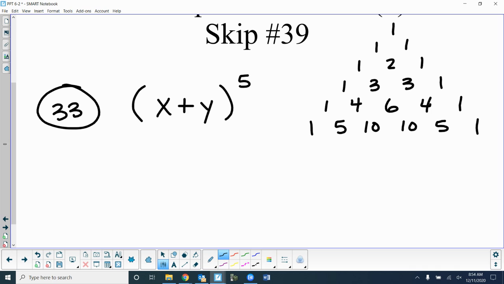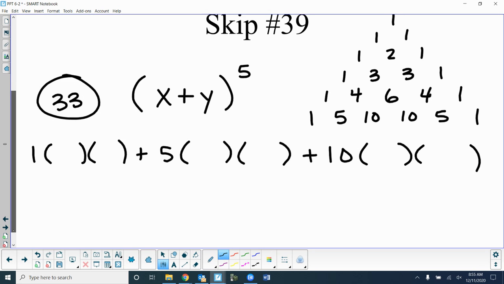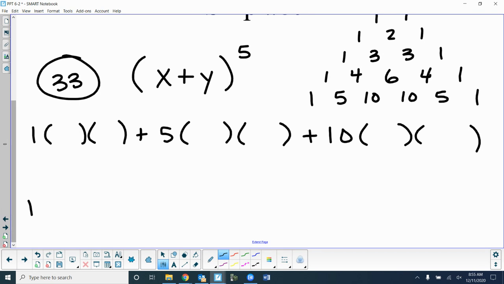Okay? So, I'm going to make a 1 with 2 parentheses, a plus a 5, with 2 parentheses, plus a 10, with 2 parentheses, and then 10, okay, plus, always put plus between them.